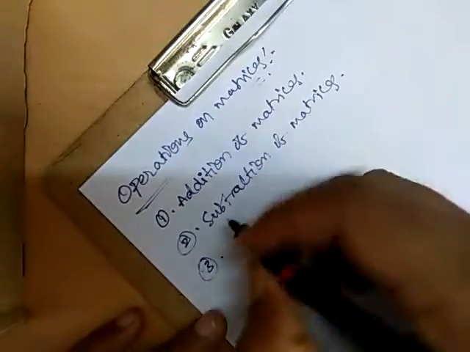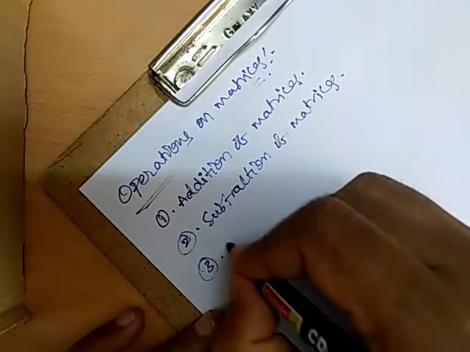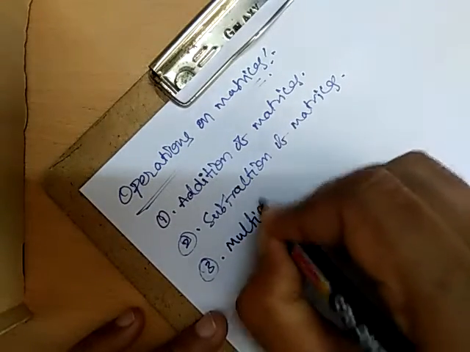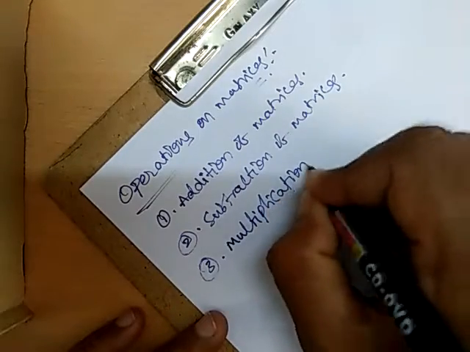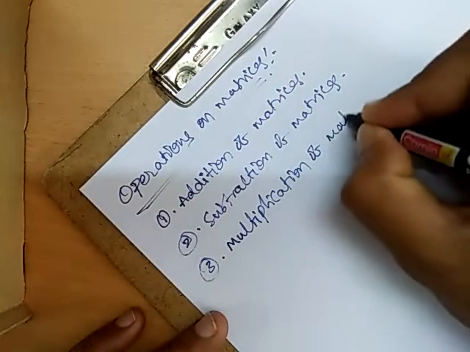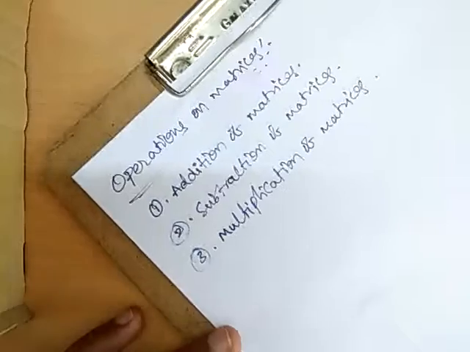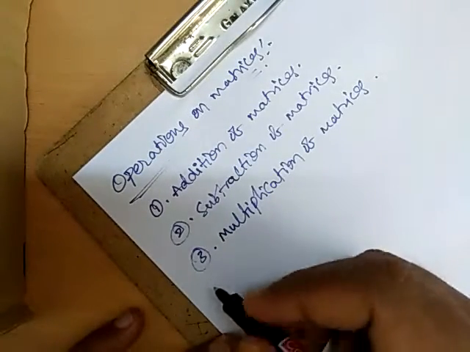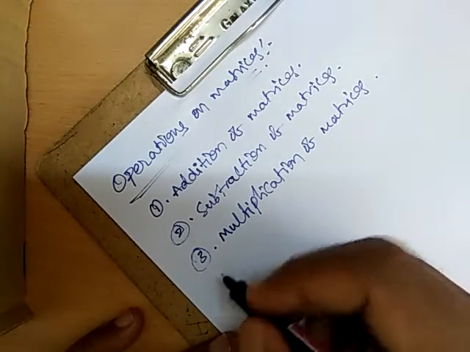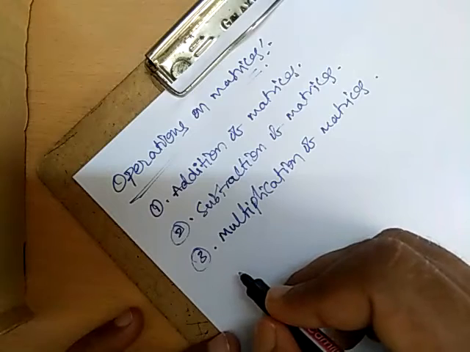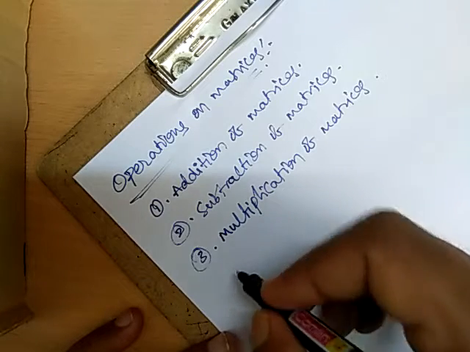Third one, multiplication of matrices. These three are the operations on matrices. Now I am going to explain one by one.